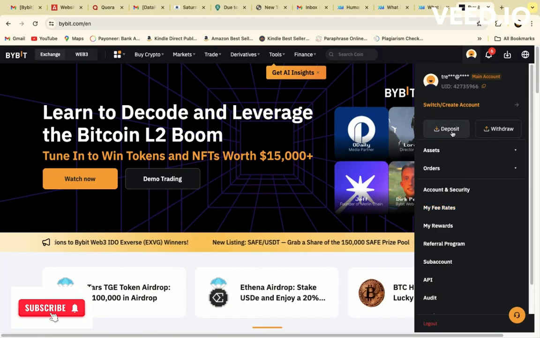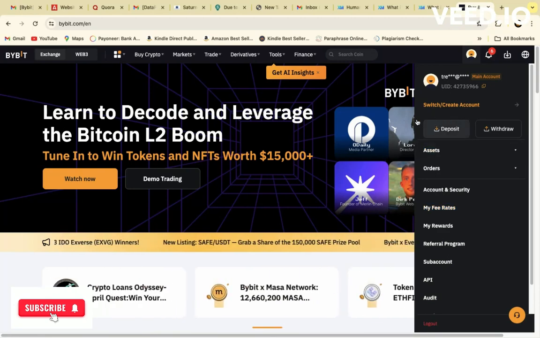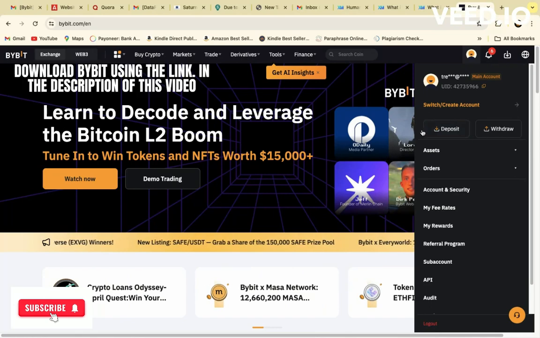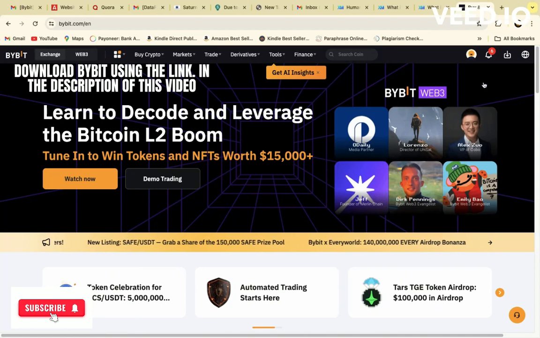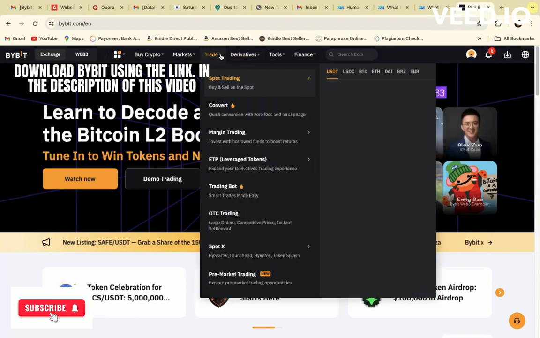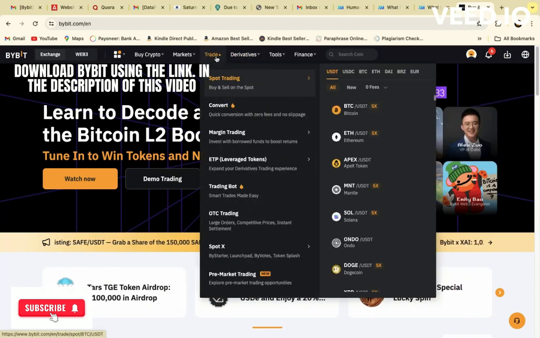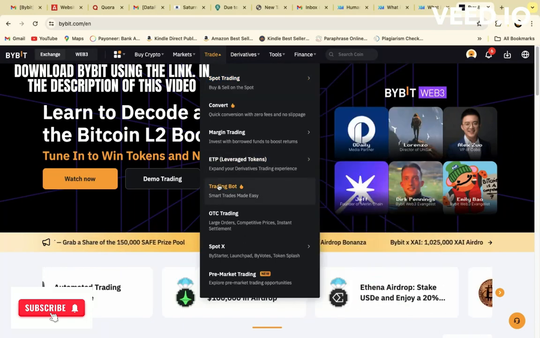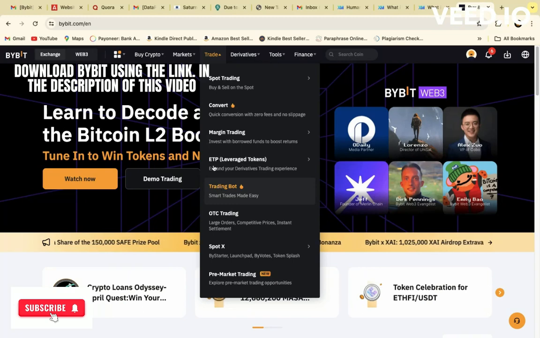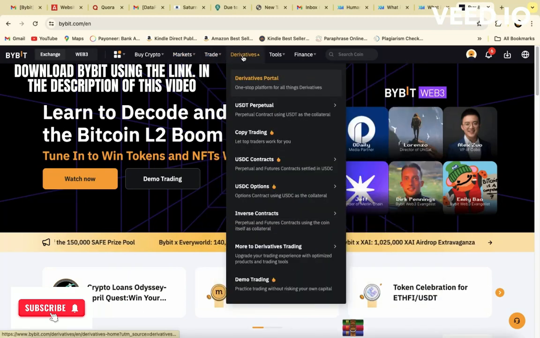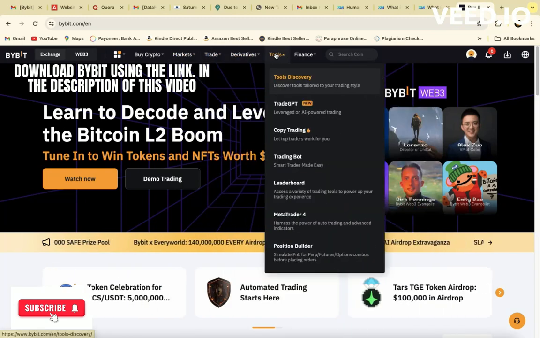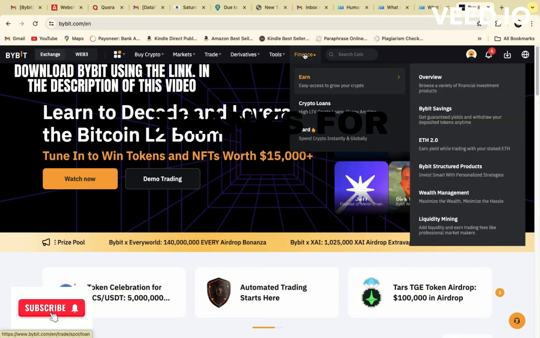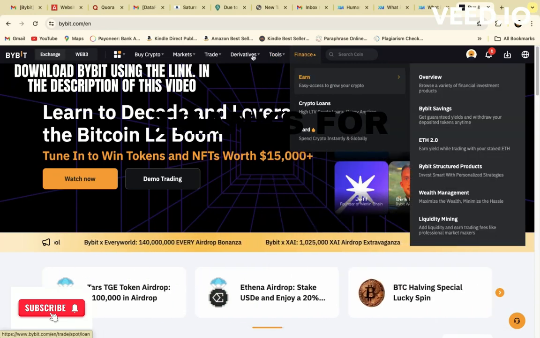Now, the easiest way to deposit here, the easiest way I know of, though there are so many other ways, is to carry out what is called P2P trading. P2P is simply peer-to-peer trading. P2P trading, and they actually have zero fees.